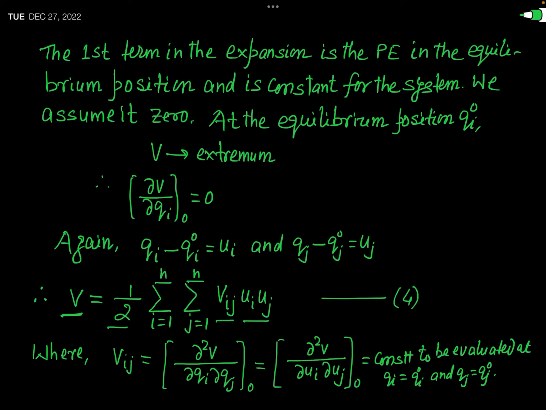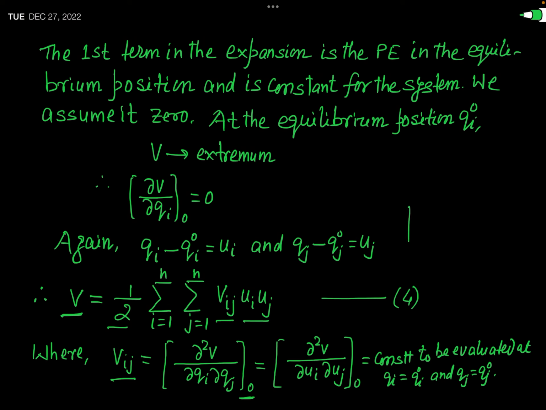I think you are getting the things. As I have told you, this Vij is a constant, and it must be evaluated at the equilibrium position because here there is subscript 0 which refers to the equilibrium position. This Vij is actually equal to del 2V by del Qi del Qj, or you may also say that this is del 2V by del Ui del Uj.